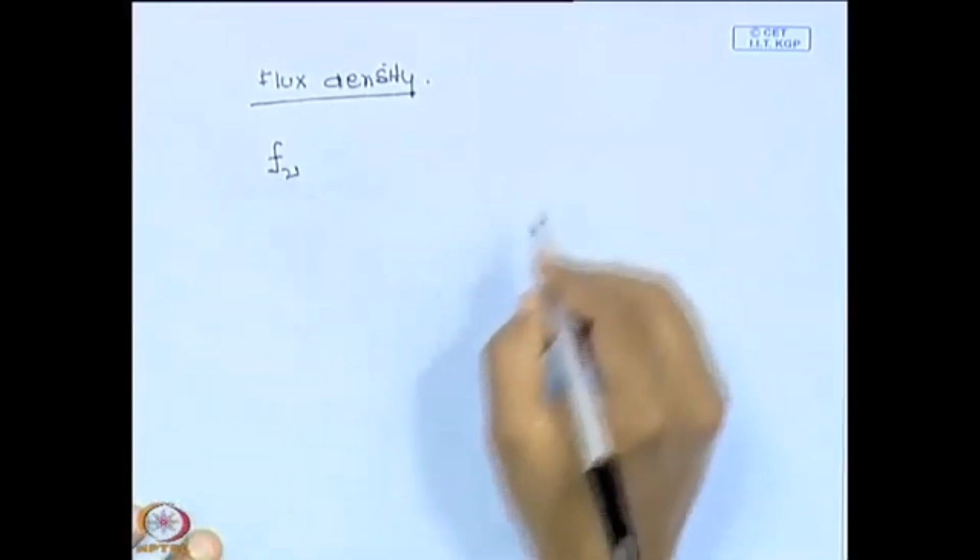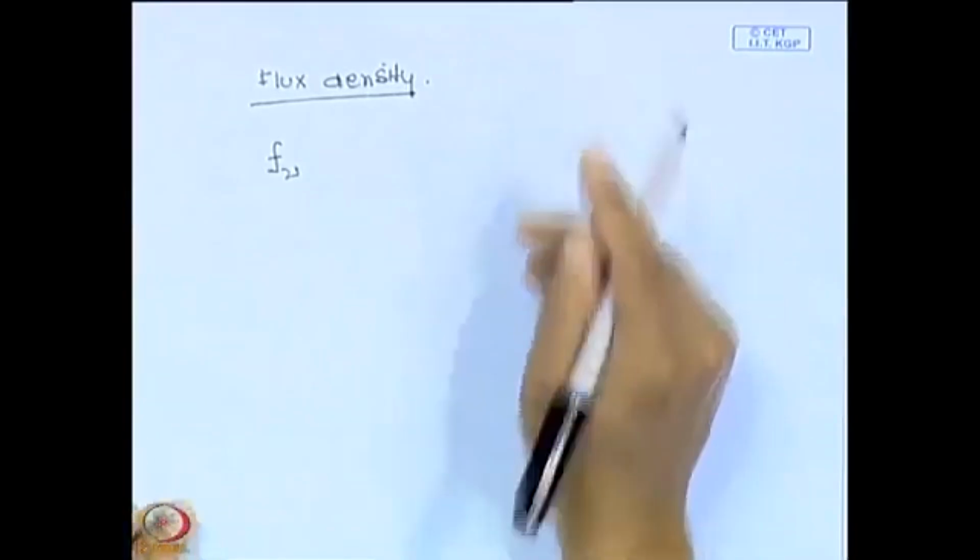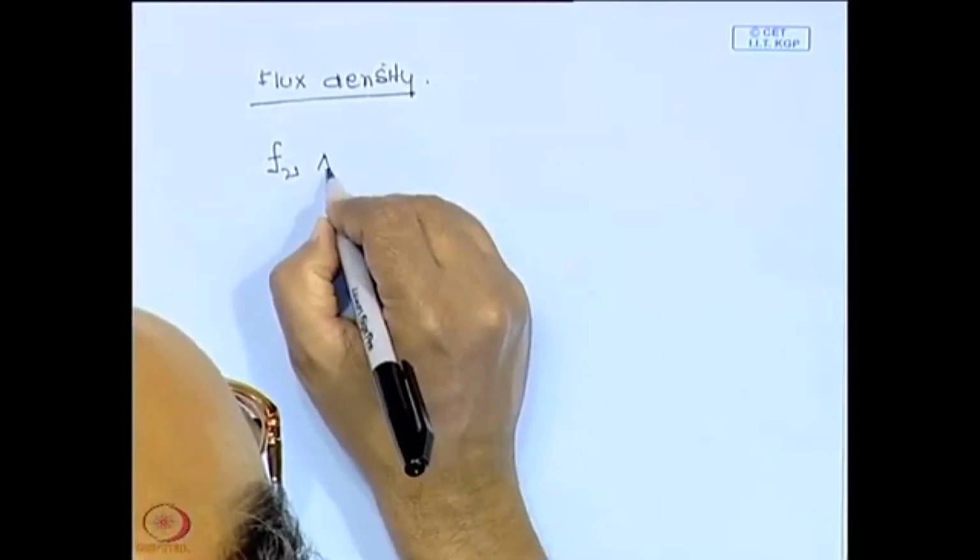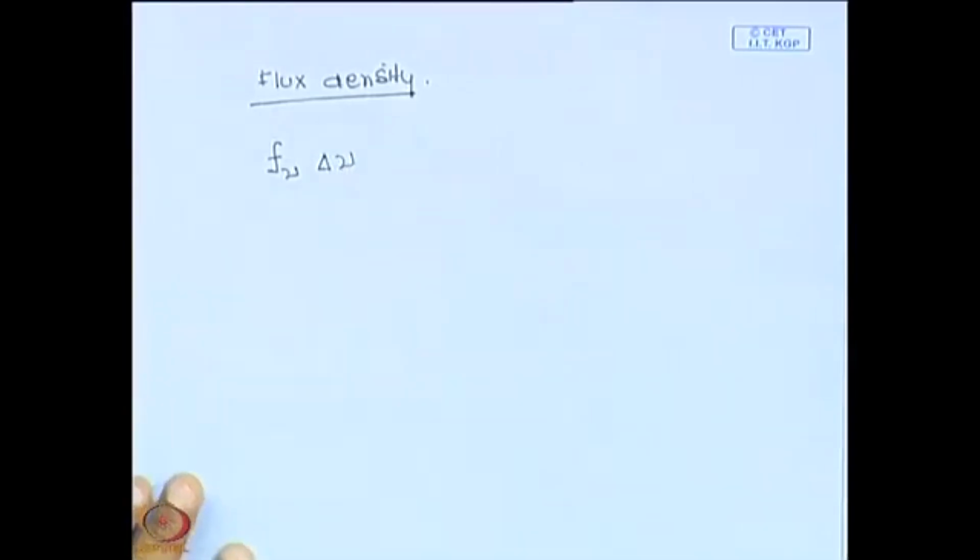So flux density is essentially, if I place a detector 1 meter square, the energy coming there per unit time interval in the frequency range d nu. So this into delta nu tells me the energy coming per meter square, the flux of energy in 1 second.